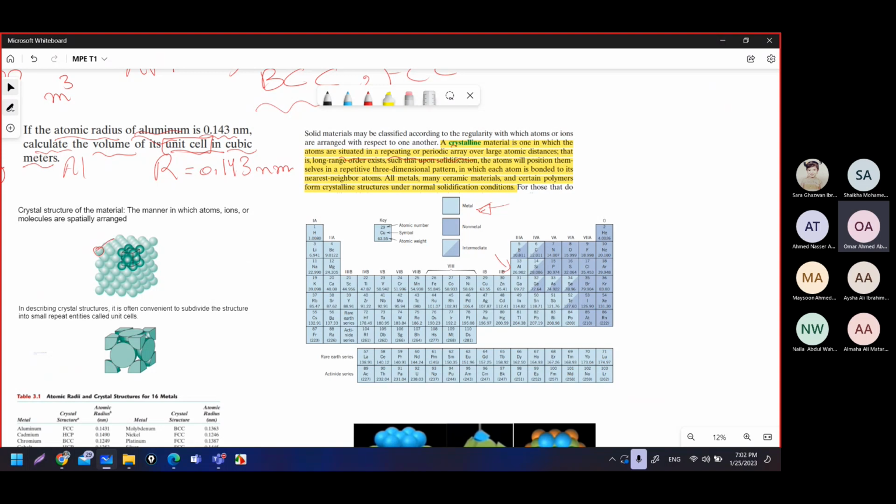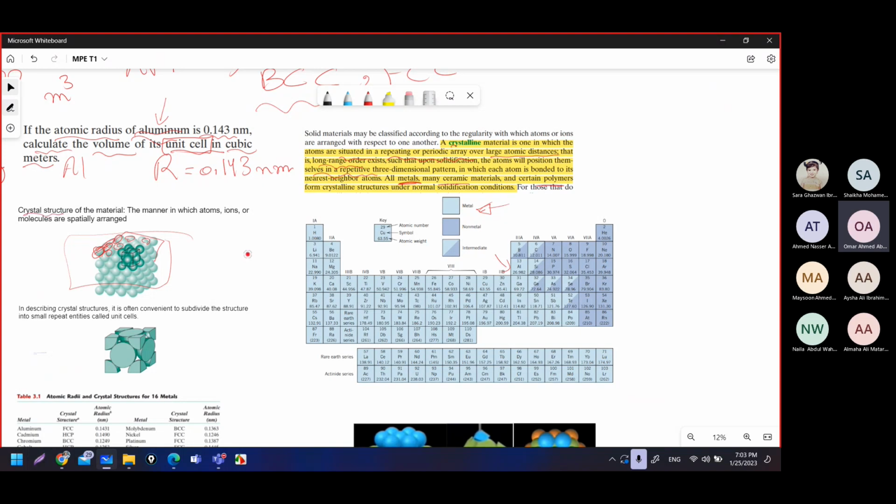As you can see, the atoms are repeated in a periodic array over large atomic distances, that is, long range order exists, such that upon solidification, the atoms will position themselves in a repetitive three-dimensional pattern. So as you can see, there is a three-dimensional pattern, and the atoms will repeat themselves. This structure we call a crystal structure. All metals, many ceramics, and polymers have this shape. So whenever you see an element which is a metal, you will assume it has a crystal structure.